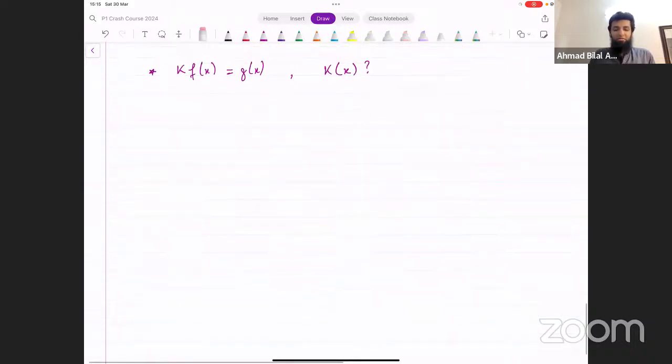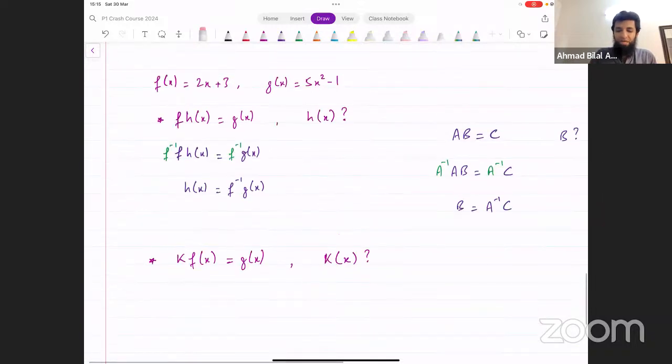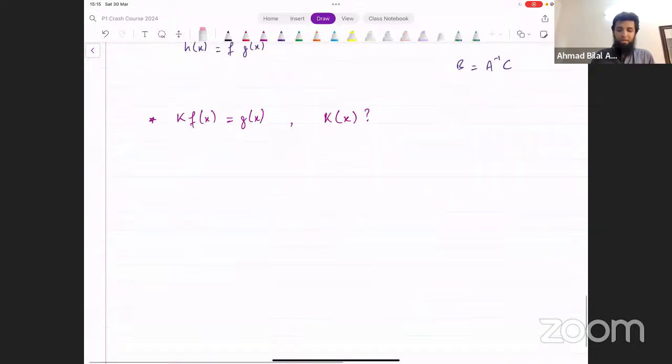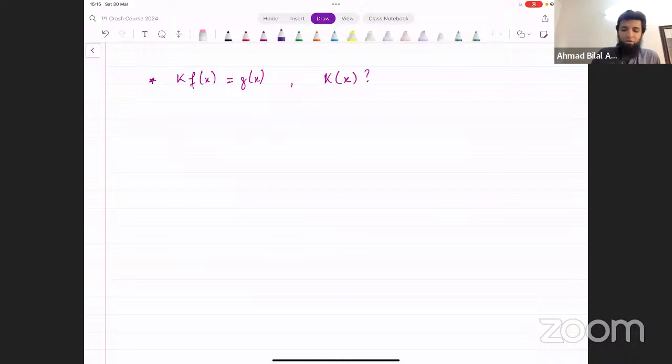Given k(f(x)) equal to g of x, if we had to find k of x, how do you do that? Now you have f coming on the right side. In the previous example, f was coming on the left side, so we applied f inverse on the left, like this. Now, if f was coming on the right side, you would not multiply, you would apply f inverse on the right side in both sides. So on the left side of the equation, it becomes k of f of f inverse of x, and that equals g of f inverse of x.